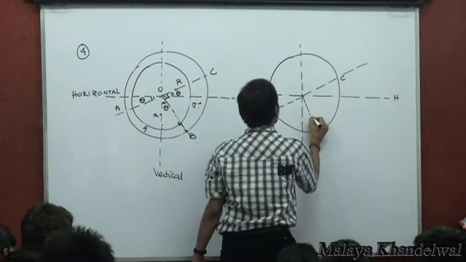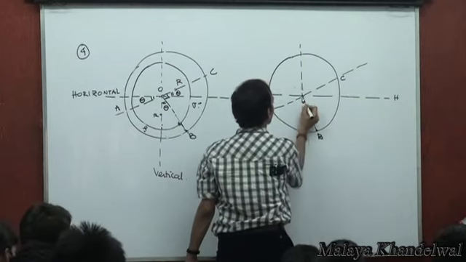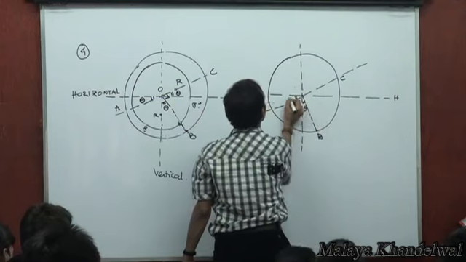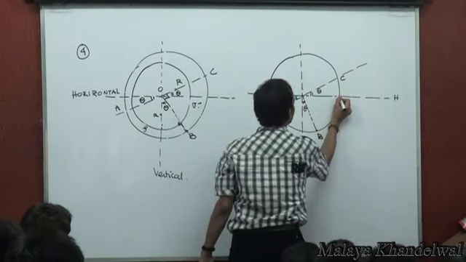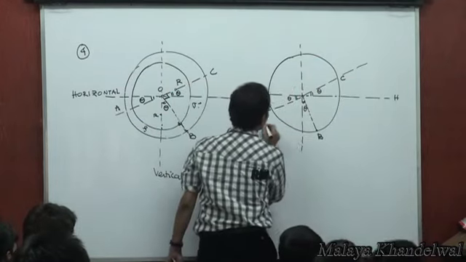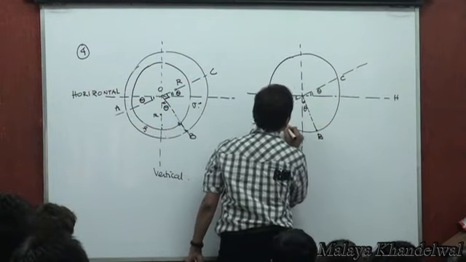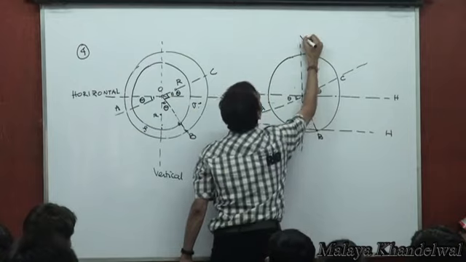This is the radius perpendicular to the diameter. This is B. This angle theta. This angle theta. This angle theta. Right? This is another horizontal passing through B. This is a vertical.